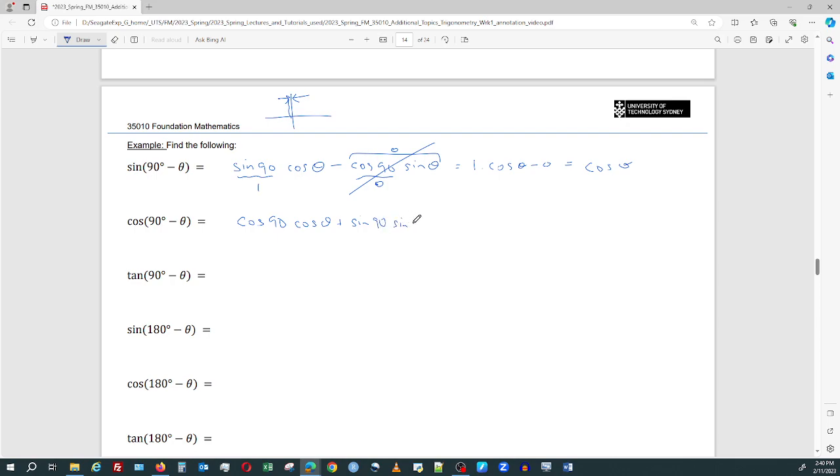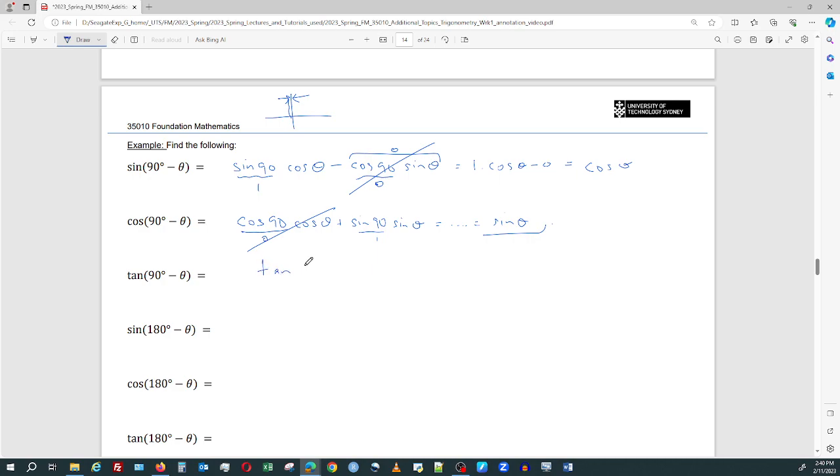Seems ridiculous, doesn't it? Cos 90 we worked out is 0. 0 times this term is gone. So sine 90 again is 1. So we'll miss those couple of steps. And all we're left with is sine theta. Very straightforward.